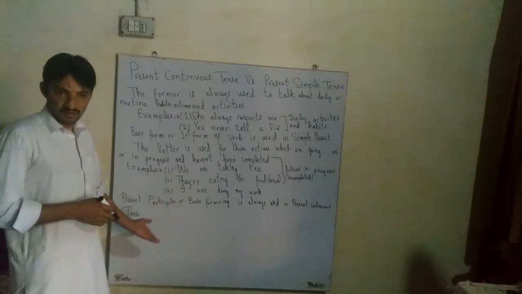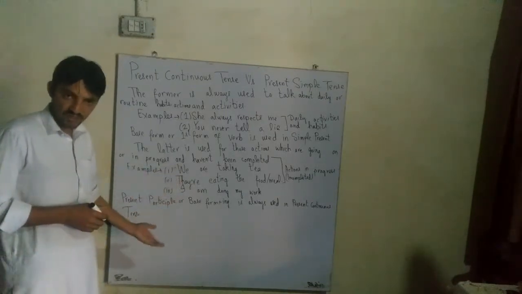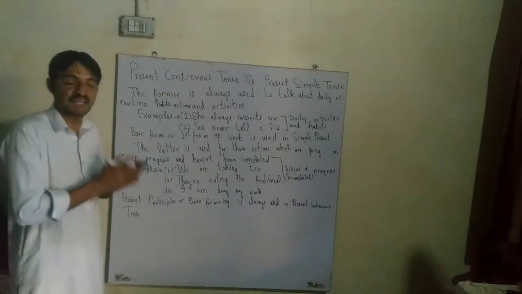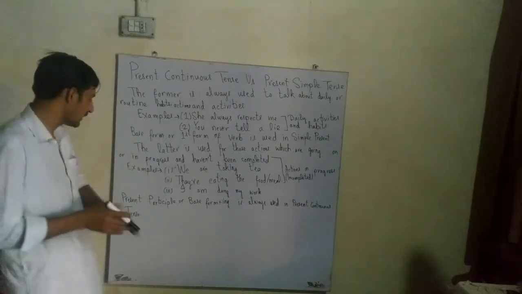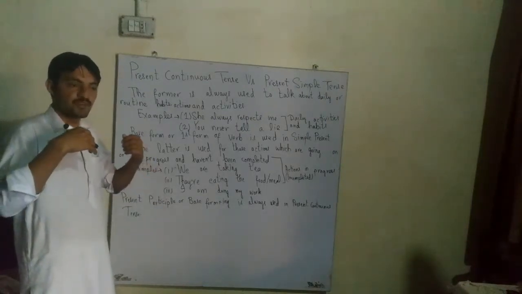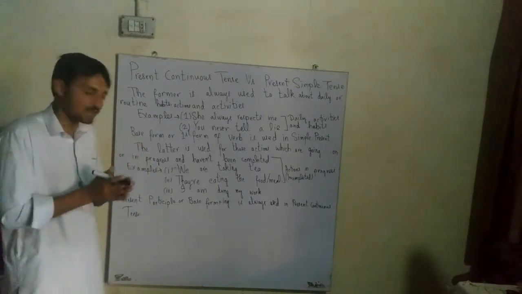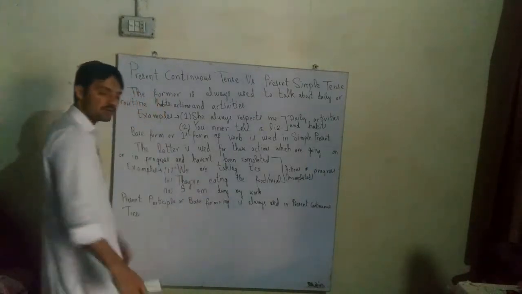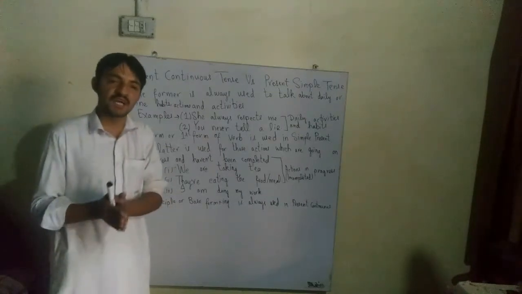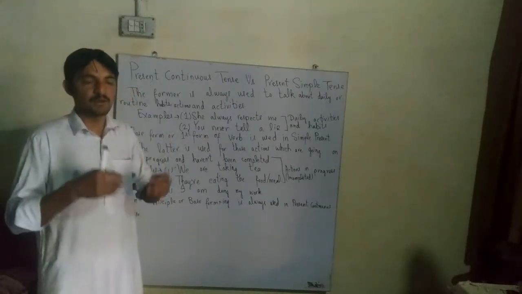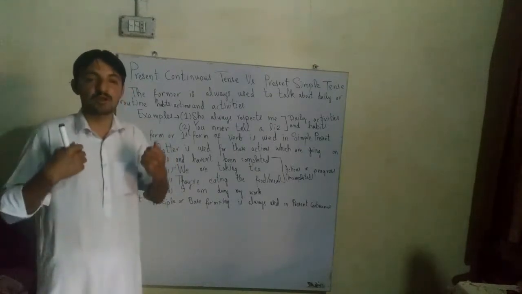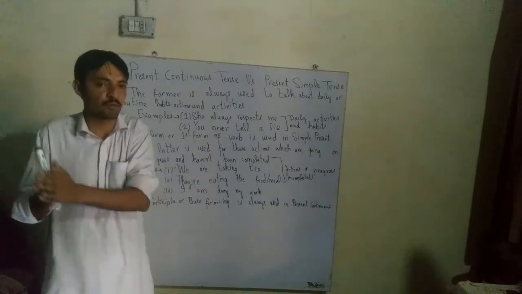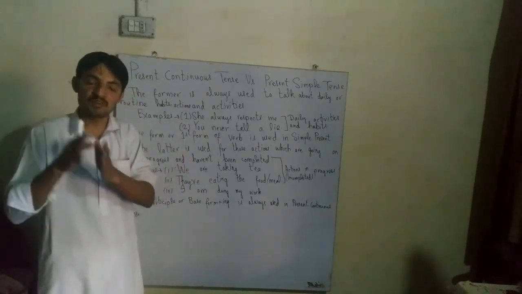And the second prominent reason of the main difference between present indefinite tense and present continuous tense or present progressive tense is that we always use the present participle form of verb or the base form with ing. Okay, we can also call it the first form with ing. Present participle form of verb is that form of verb when we add ing to the base form or to the present form of verb, it becomes present participle.